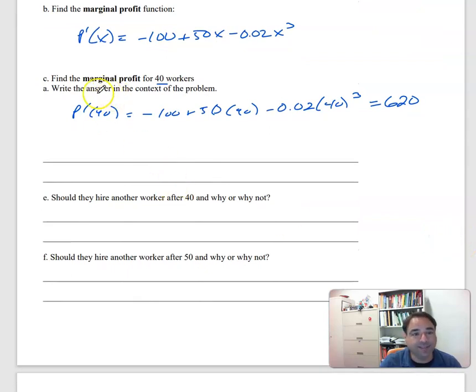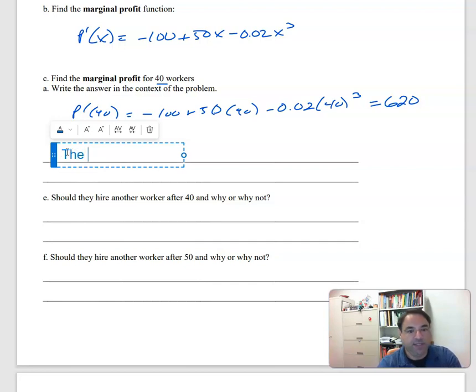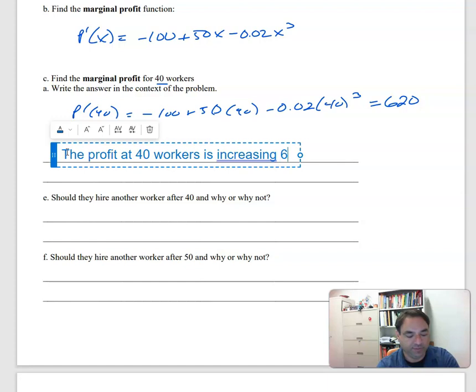Then we're going to write it in a sentence. The marginal profit at 40 workers is, actually just put the profit, because what's happening to the profit? The profit at 40 workers is increasing $620 per employee.